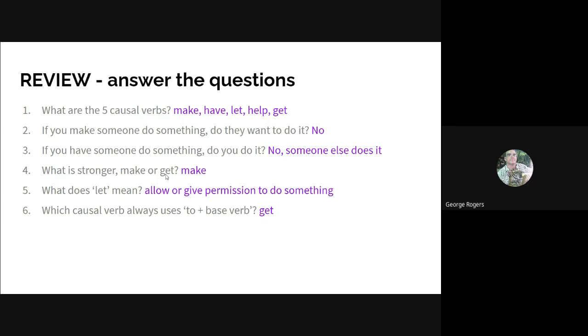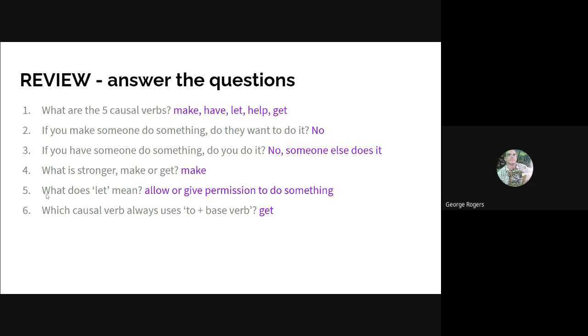Again, with get, you're convincing somebody to do something, begging, persuading somebody to do something. And this may be persuading, again, offering them money or a reward for doing something.